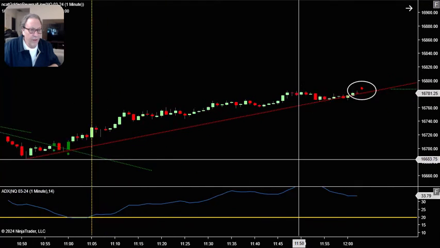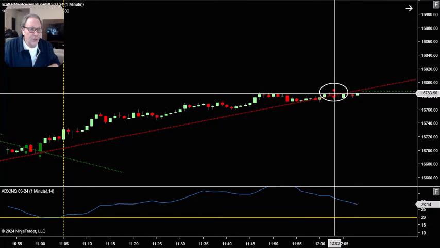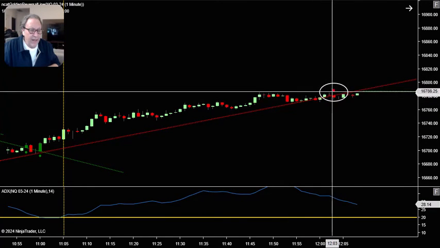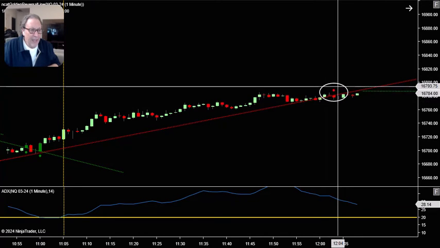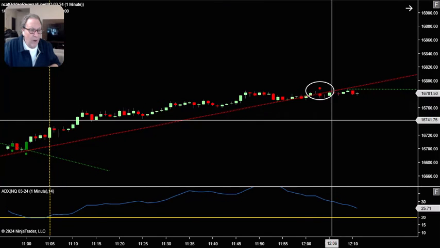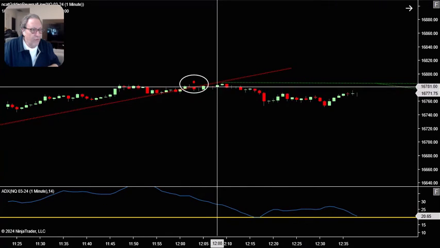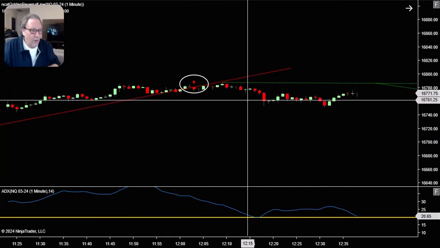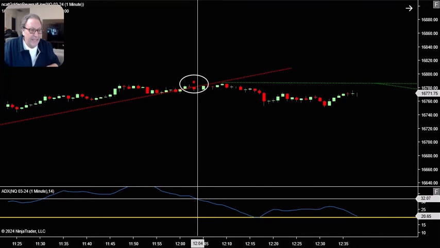Let's look for another one. Okay, so here we've got a cross to the downside of our golden reversal line, and we've got an ADX that looks like it's falling. I'm going to wait that one out. And sure enough, it really didn't do much. It kept going down, so that gave you an indication that price movement is not strong.